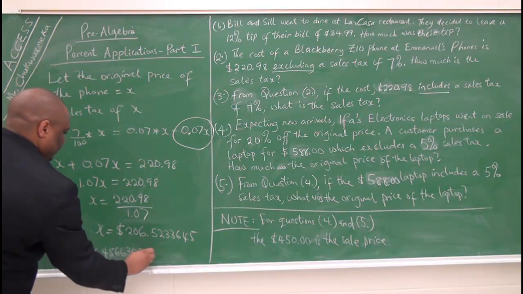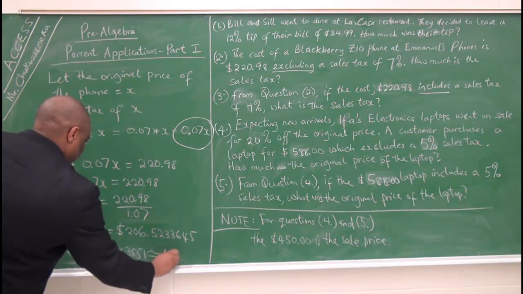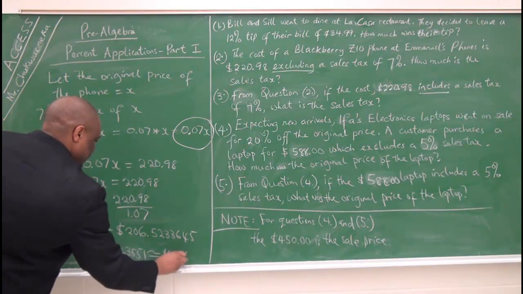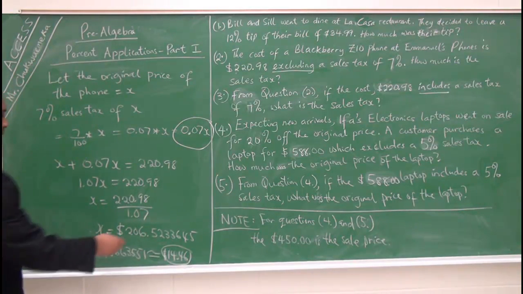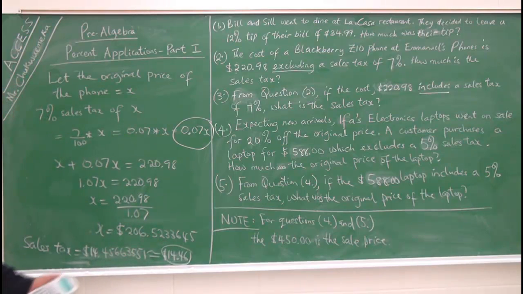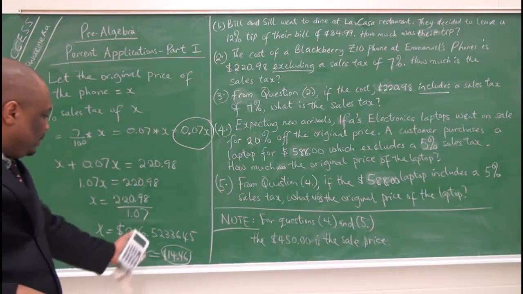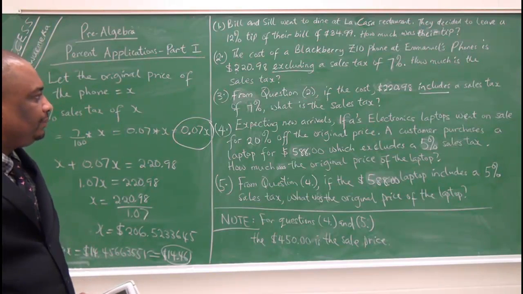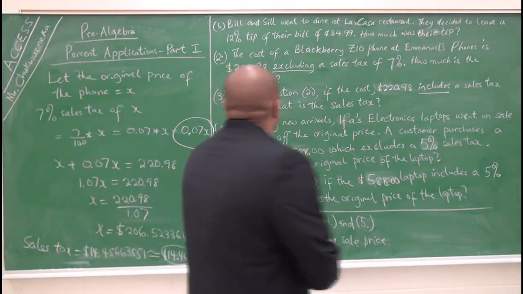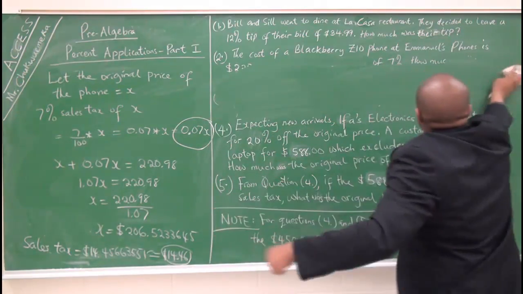So the sales tax will now be approximately $14.46. So you see it's smaller, and you see that the price of the phone also is smaller, $206.52. That's the price of the phone. And then you multiply it by 0.07, gives you the sales tax, $14.46. Okay? All right. I think we finished 1 through 3.